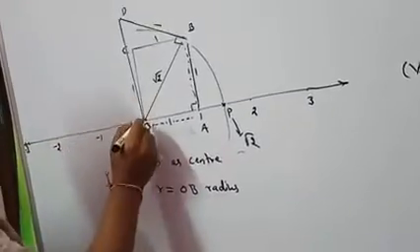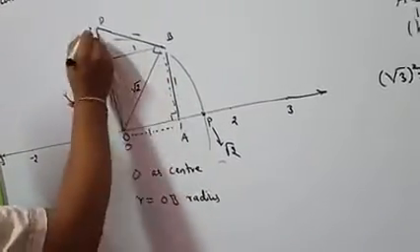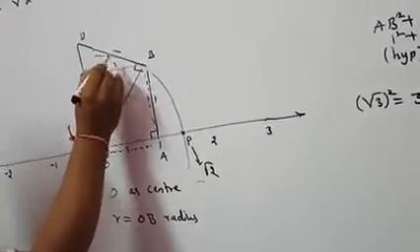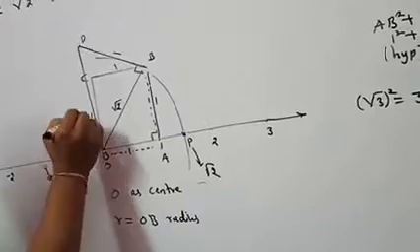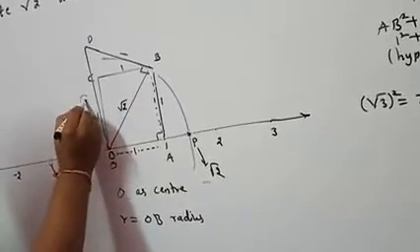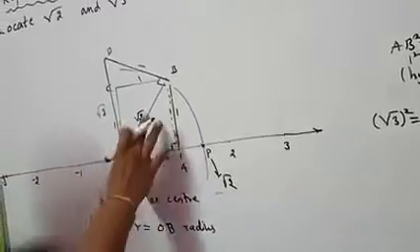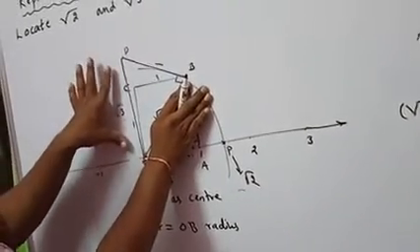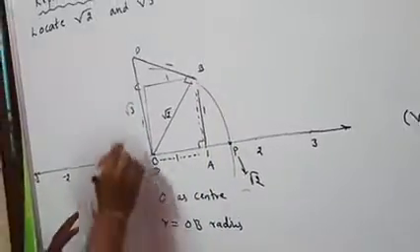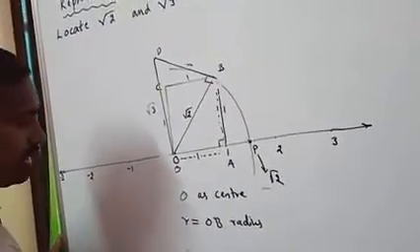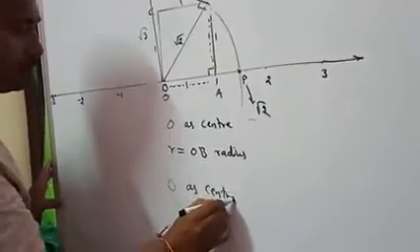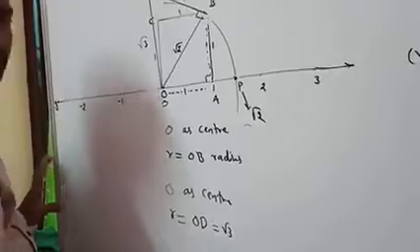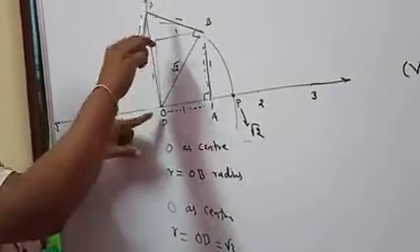Now what is this? OBD is a right angle triangle. Root 2 is the base, 1 is the height, and this is the hypotenuse OD, which is root 3. Now taking O as center and radius OD, root 3, draw an arc.